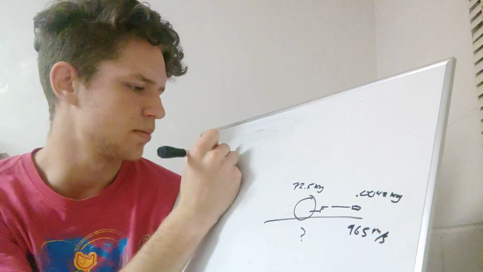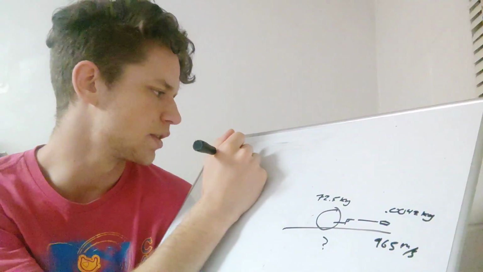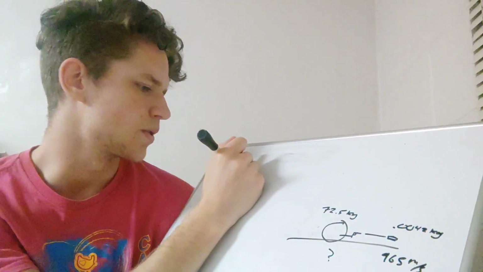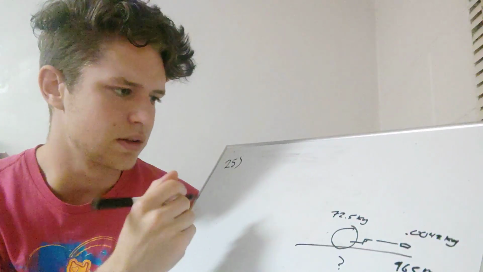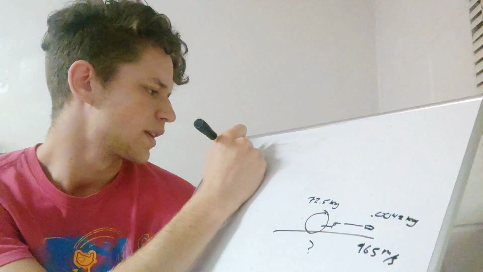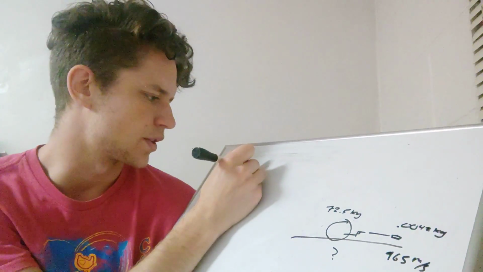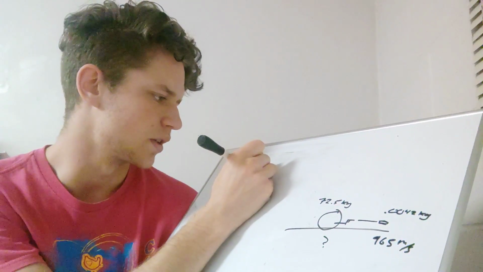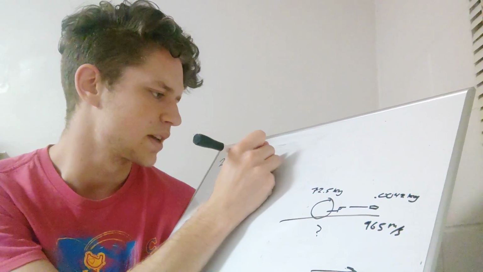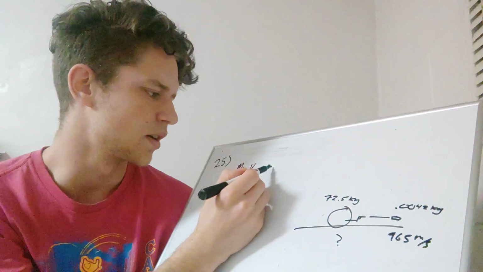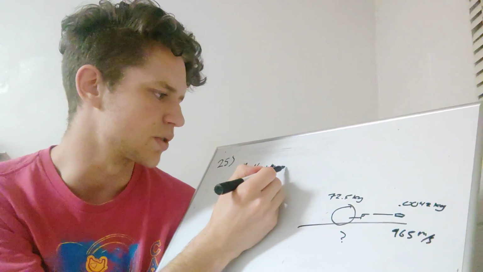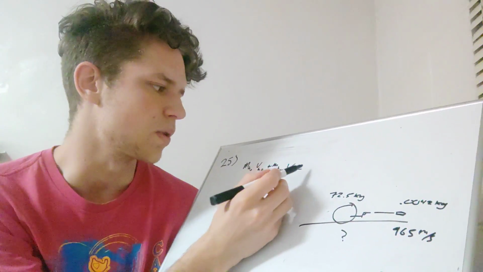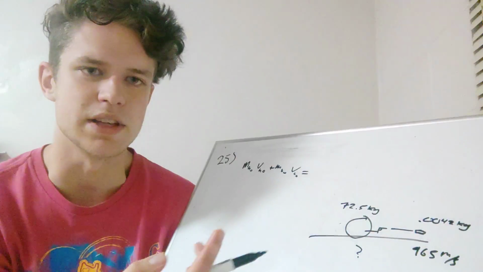The momentum before is going to equal the momentum after. So I'm going to use the mass of the hunter initial times the velocity of the hunter initial plus the mass of the bullet initial times the velocity of the bullet initial is going to equal all of that except after.